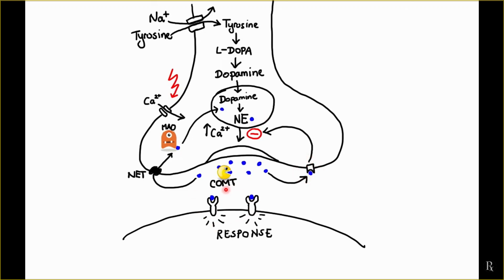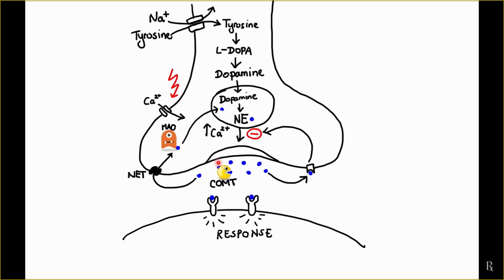By activating the postsynaptic receptors, it will lead to the contraction of the muscle. But by activating presynaptic alpha-2 adrenoreceptors, it will inhibit the release of norepinephrine from the synaptic cleft.